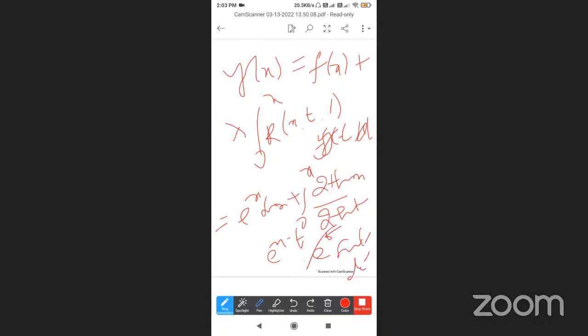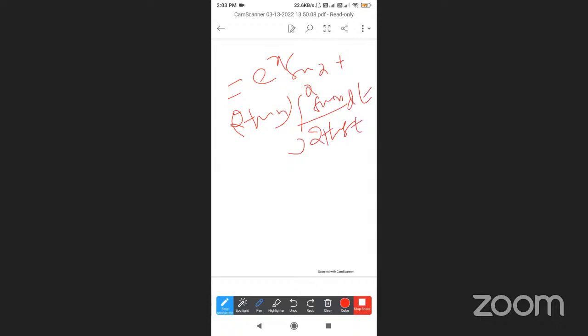So e power of t and e power of minus t cancel. 2 plus cos x is a constant in the integration. So this is e power of x sin x plus 2 plus cos x times the integral 0 to x of sin t by (2 plus cos t) dt.